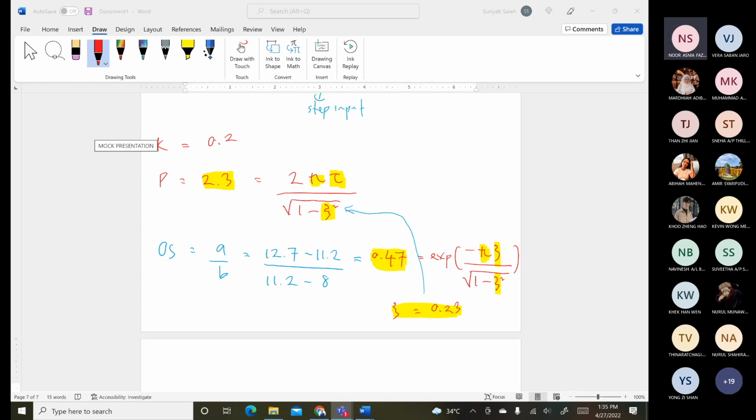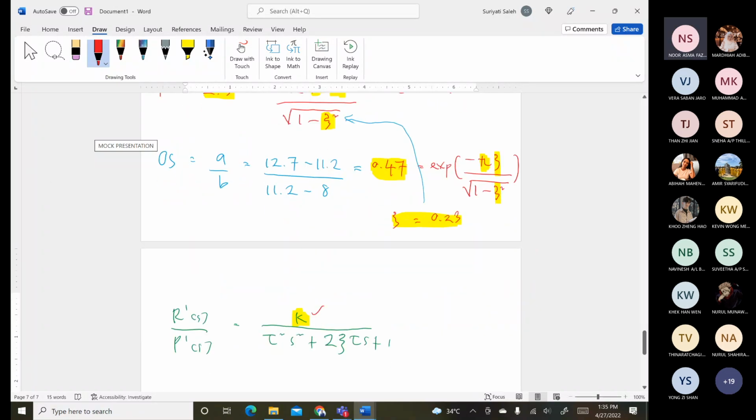Okay. Any value for the tau? 0.36. 0.36. All right. So we have the K, the tau, and the psi. And of course, in the end, we can substitute into our equation here.